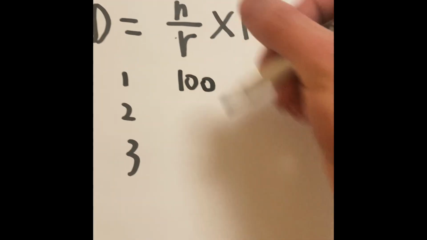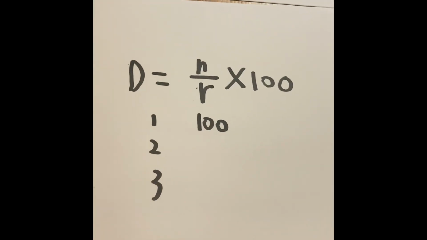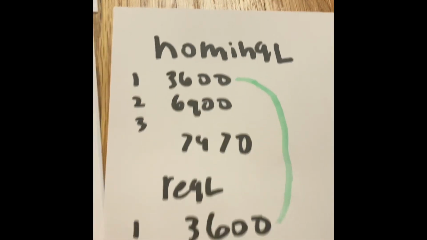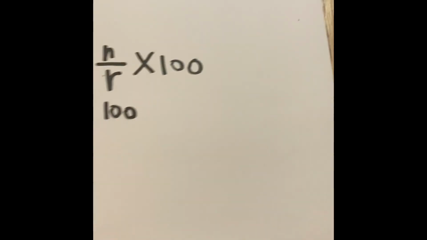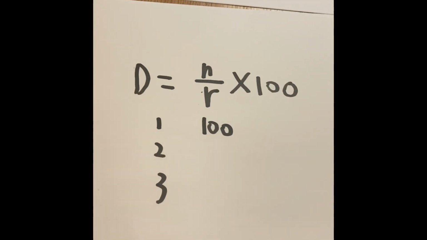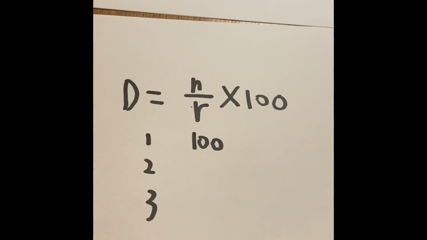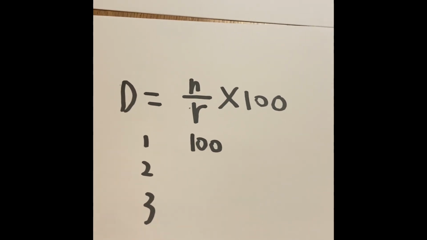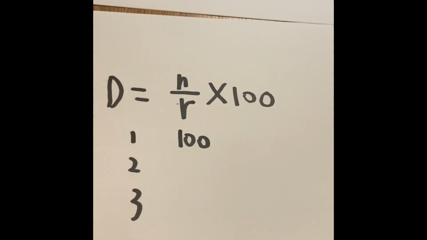So 100 for year 1 is the deflator between the nominal and the real. And that is the price and the value of all the goods within the nation. No production and no confusing the entire thing.